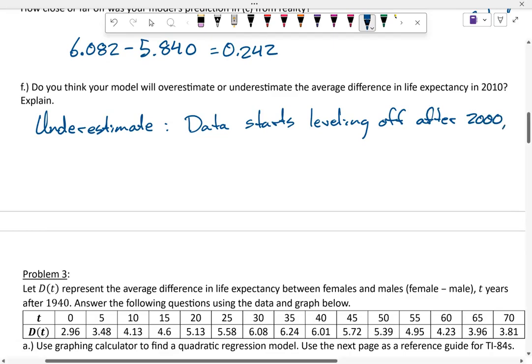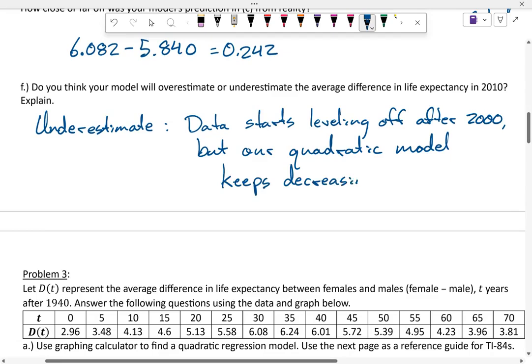So the data starts leveling off, but our quadratic model keeps decreasing. So if we think about something kind of leveling off versus something that keeps decreasing, eventually the decreasing will definitely be lower than the stuff that was leveling off. And so it will definitely be that underestimate.